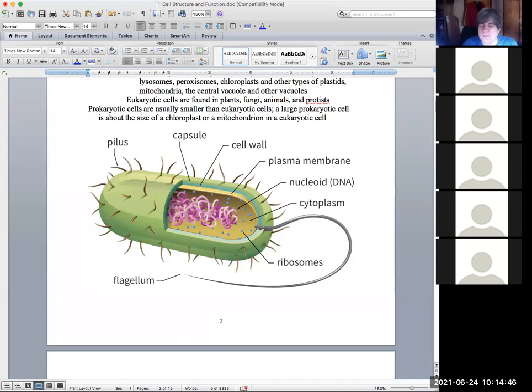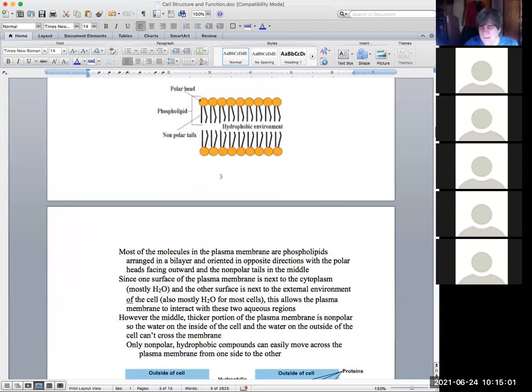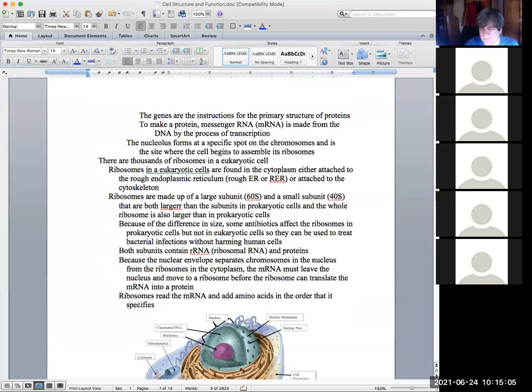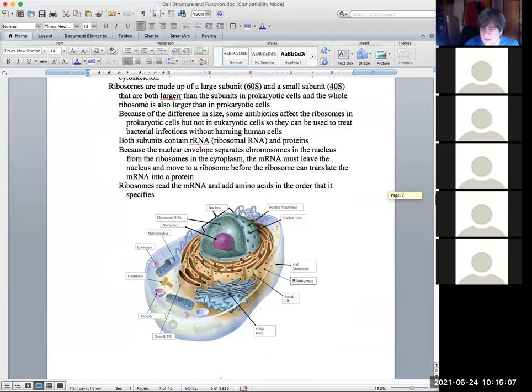So when we look at a prokaryotic cell, it's a pretty simple way to make proteins. And it's very easy to get the proteins where we want. If we look at this whole prokaryotic cell, let's come down and look at a eukaryotic cell for a second. So here's a eukaryotic cell.